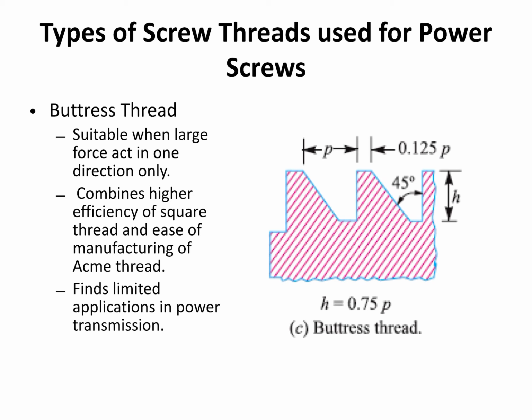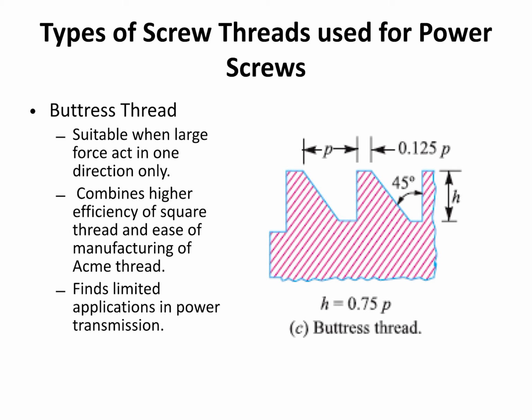In the buttress thread, as it has one vertical and one inclined edge profile, it is suitable when a large force is to be transmitted in only one direction. When a very large force is applied in only one direction, then this type of thread is generally employed.